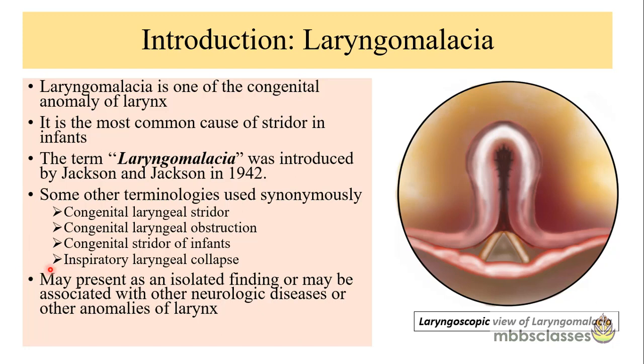This disease may be present as an isolated disease or it can be associated with other neurological diseases or other anomalies of the larynx in somewhere 5 to 15% of the cases.